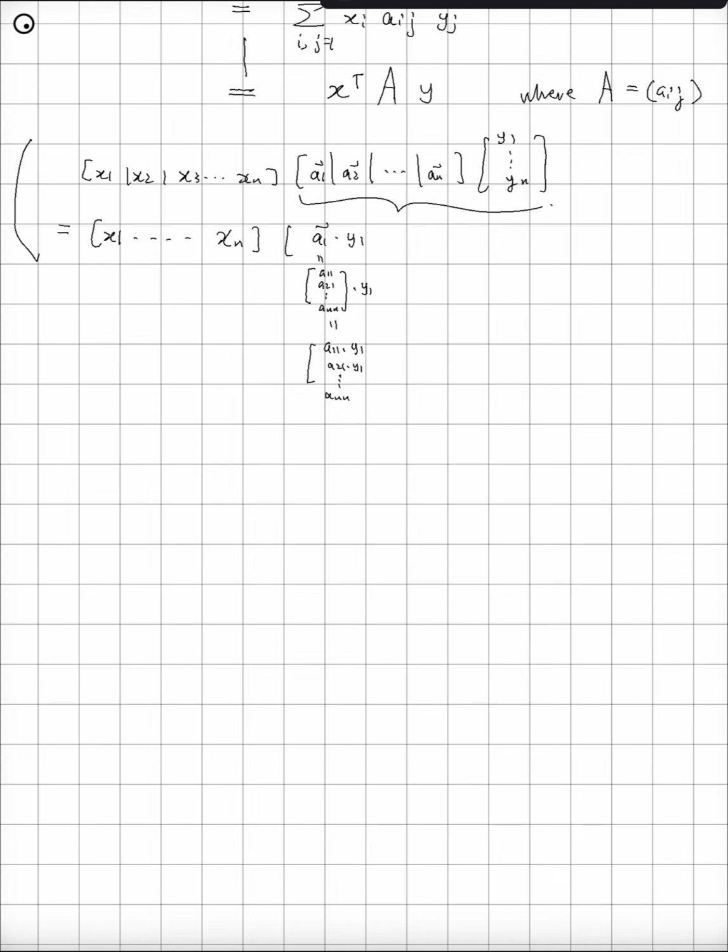You see exactly y1 appears on all those a_something,1, because the index of y corresponds to the second index of a. Just fit into that, plus A2 y2, and so on.